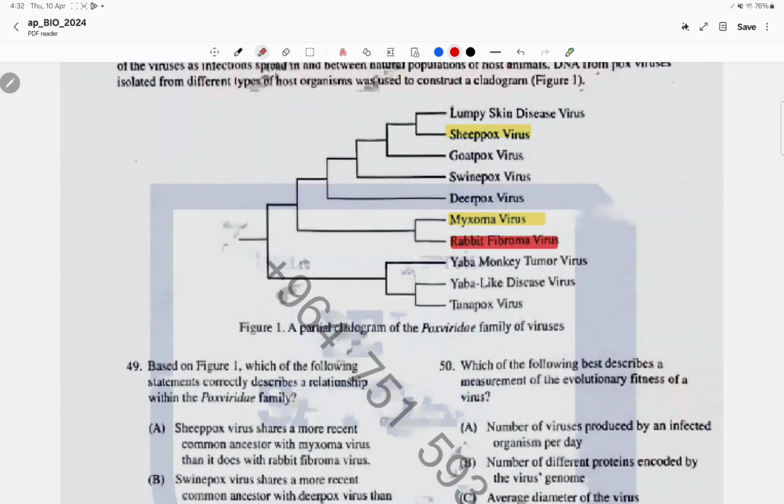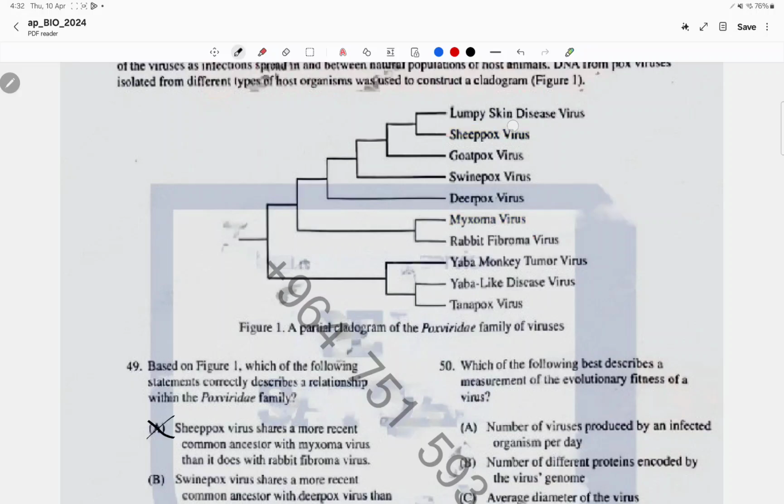Actually, no, because those two have the same common ancestor. So that means they will have the same date of the common ancestor divergence with the sheeppox virus. So it's not A.